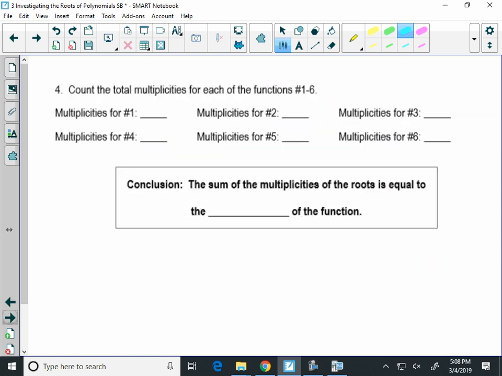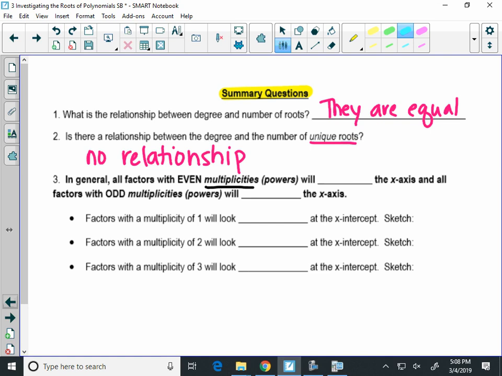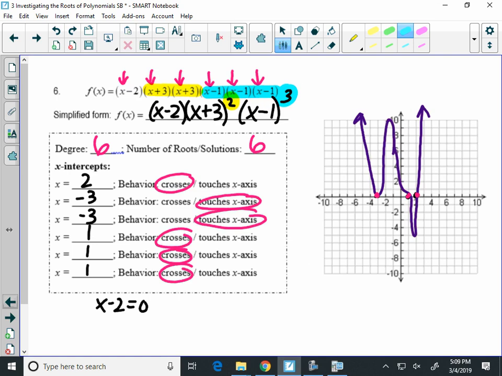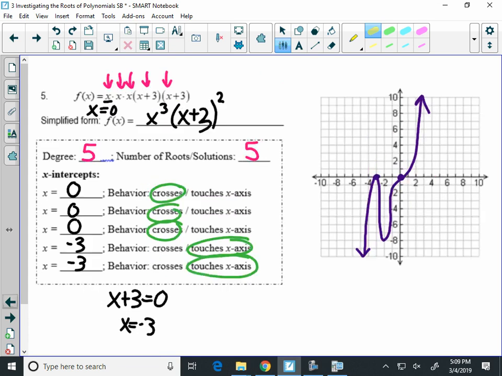So the question is, factors with even multiplicities will do something at the x-axis. Well, here when I had 2 as my multiplicity, that was the root of -3. Well, look, it touched the axis. If I flip back, I have a multiplicity of 2 for x plus 3.